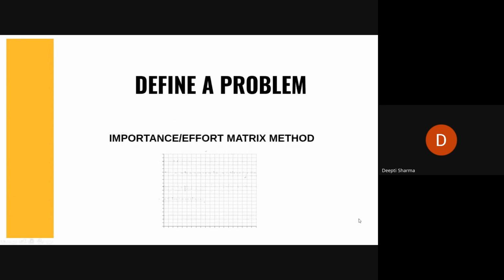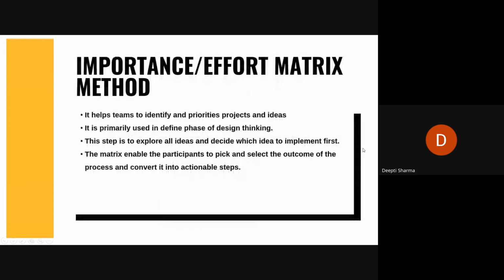Now the next thing is implementing the define phase of design thinking. Here we have the importance effort matrix method. It helps teams to identify and prioritize projects and ideas.